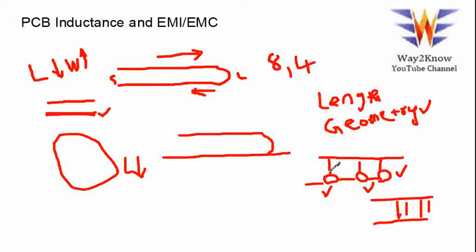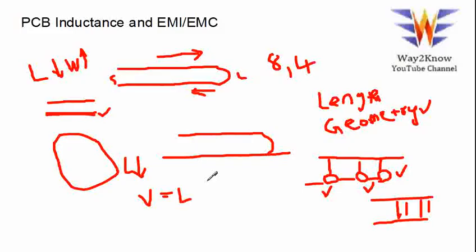So the loop area of this particular ground plane is very important, and if you consider the variations of current with respect to an inductor, the voltage developed across an inductor is nothing but L into dI by dt, right? L into dI by dt, right?